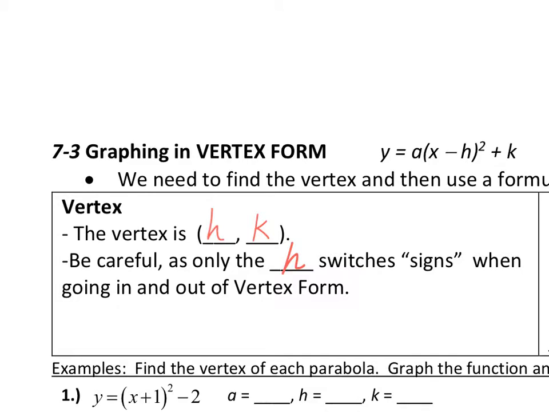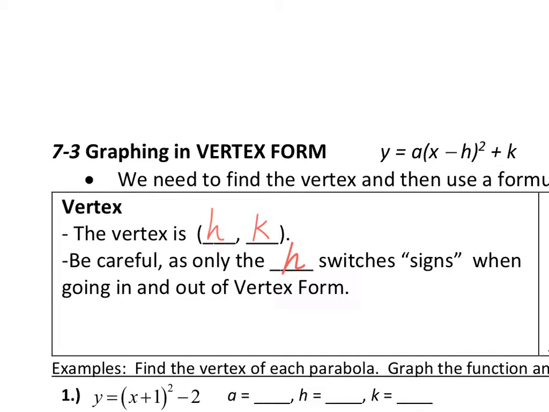It was like x minus x1 and y minus y1, so you had to change the signs. Do you remember this? Okay, if you don't, that's your reminder. It's like that, except only the h switches signs, because the k is not in parentheses. It's outside, right? So x minus h is kind of like what you saw in point-slope formula.